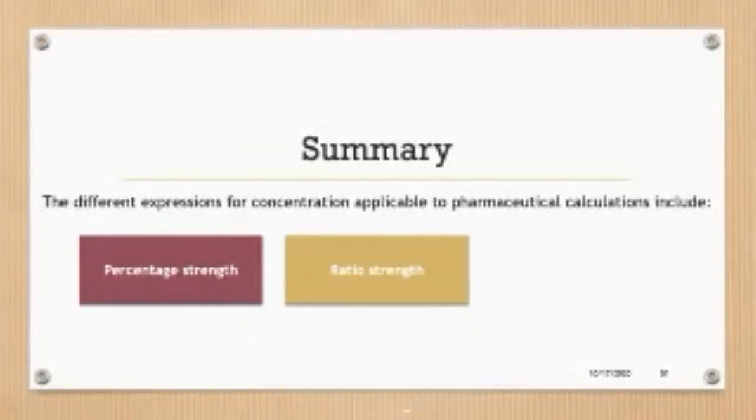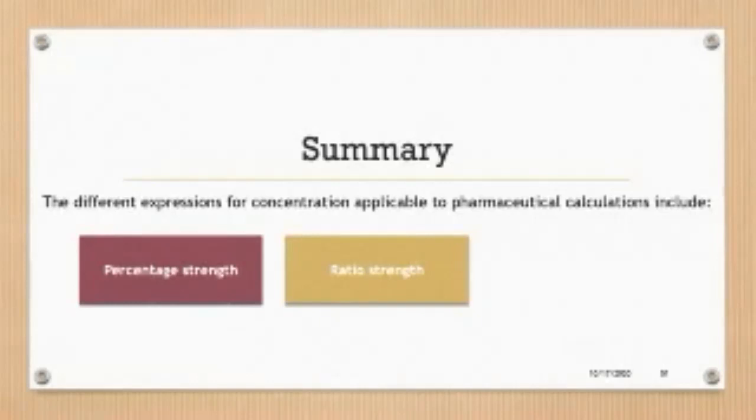We also learned of ratio strength. Ratio strength is really the amount to the amount of total parts. So it can be expressed in terms of weight in volume, where it is the amount in grams in a certain volume of substance. It doesn't have to be 100, it can be 20 mils, 100 mils, 50 mils, 10 mils, 1 mil, whatever the case may be.